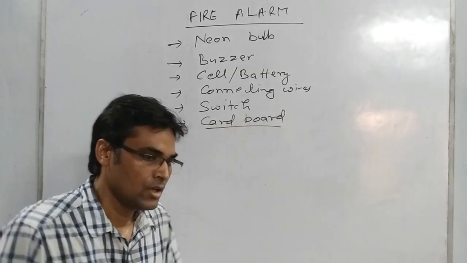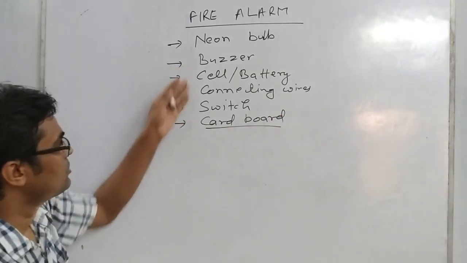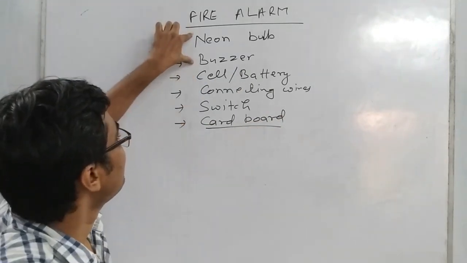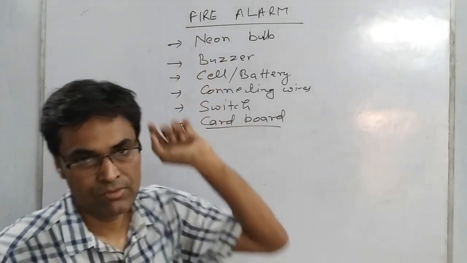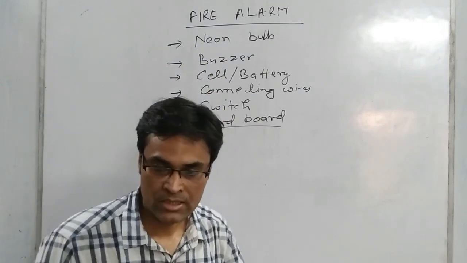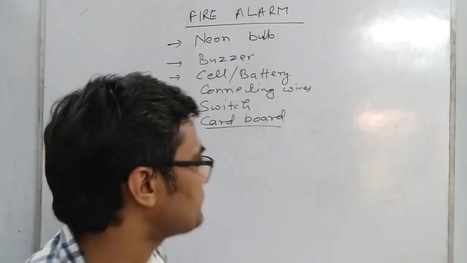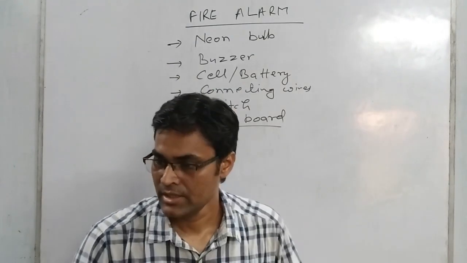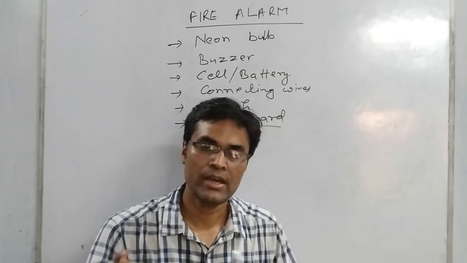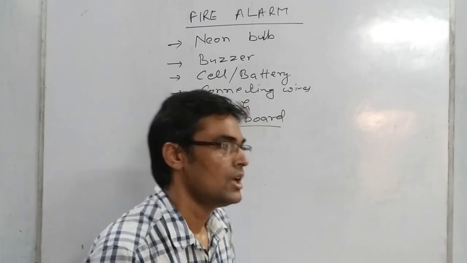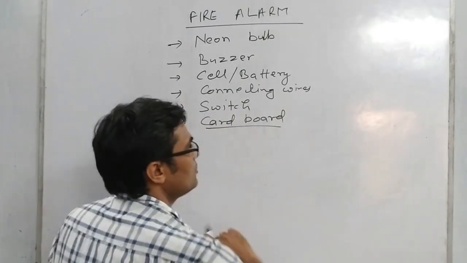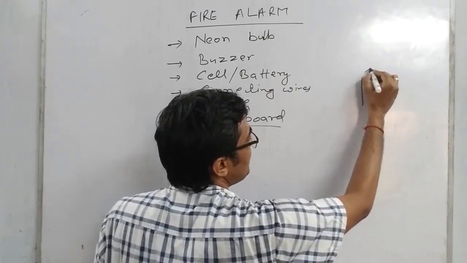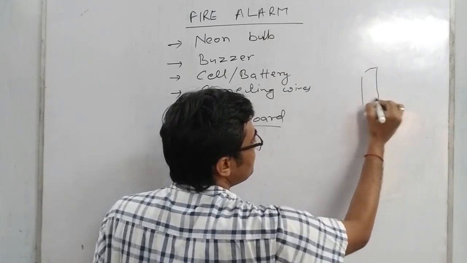Okay, most of these things you are quite familiar with, I hope. The main thing is what a neon bulb is and how it works. So let me explain the working of the neon bulb. In a normal bulb, you see tungsten wires, but in a neon bulb, you can see a bimetallic strip.